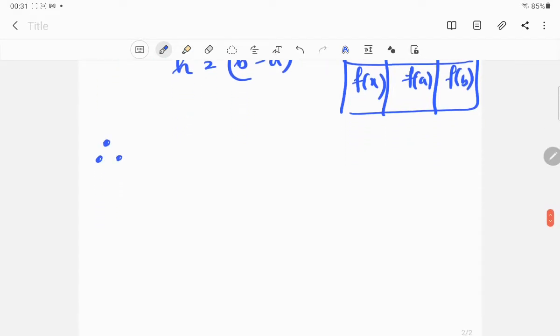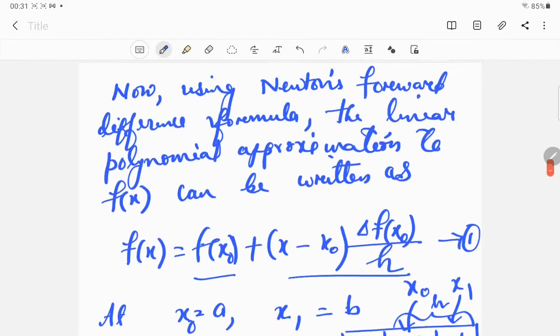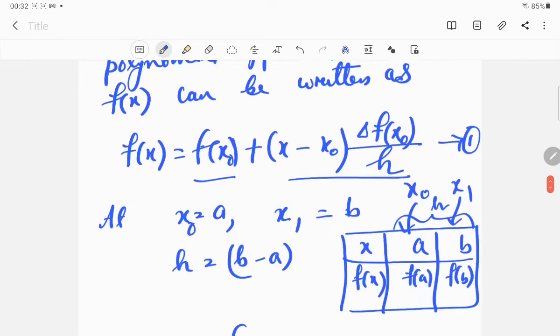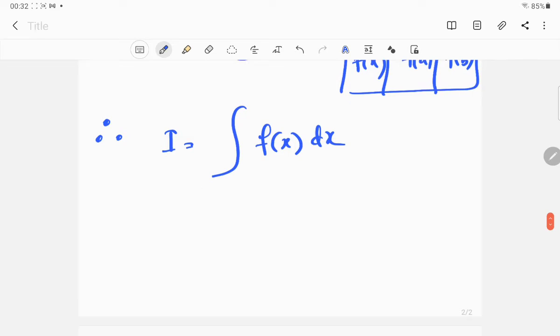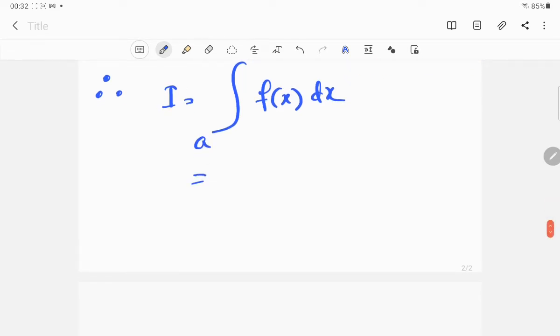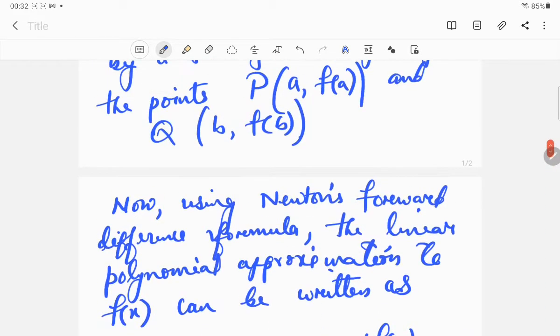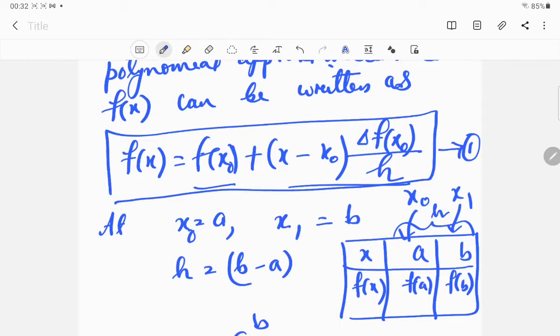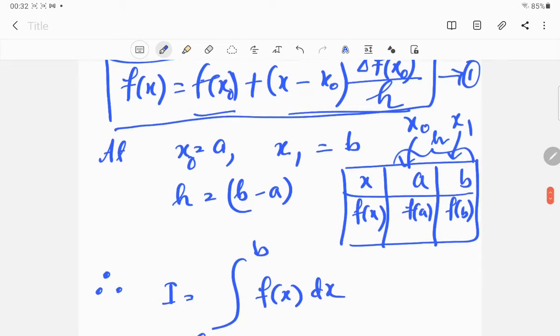Therefore what we will be doing now, integration is usually the integral of f(x) dx, and here the lower limit is a and the upper limit is b. So we are integrating from a to b. Since we have already done the expansion using Newton's forward difference formula, we will write this formula there.